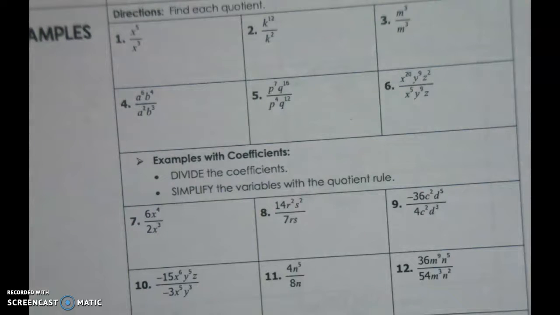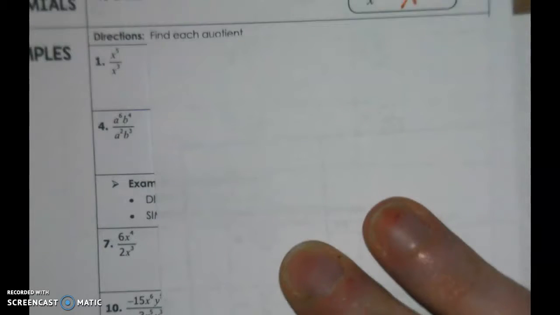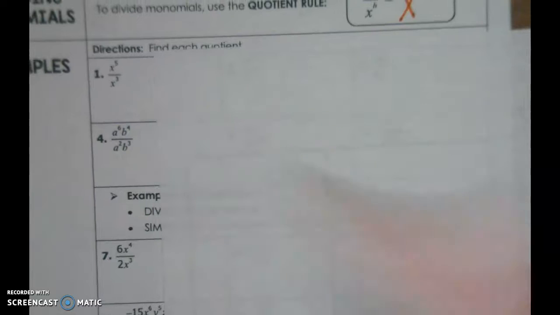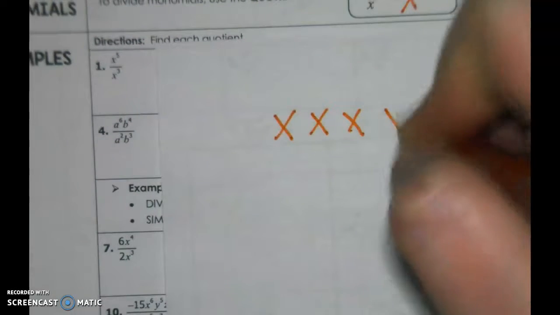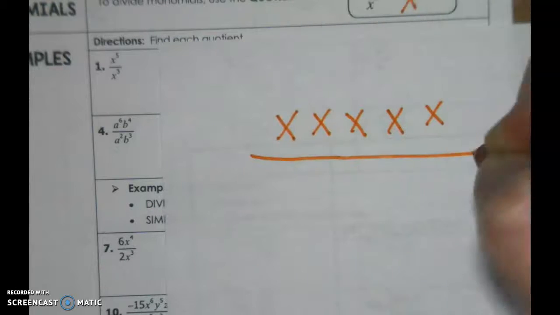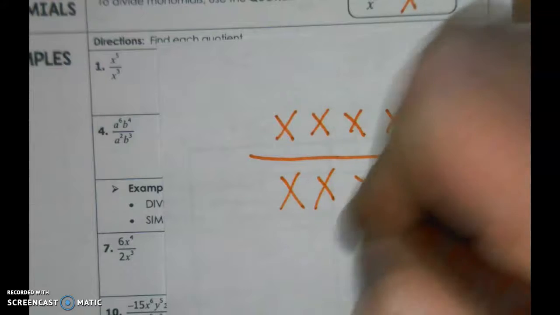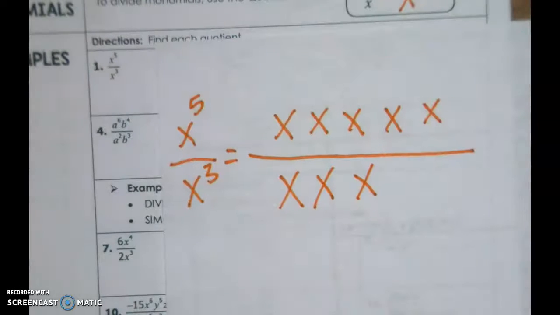Okay? So, let me do this one. I'm going to use number 1 as where I get my numbers from. If I have x times x times x times x times x divided by x times x times x, this is the same as x to the 5th over x to the 3rd.